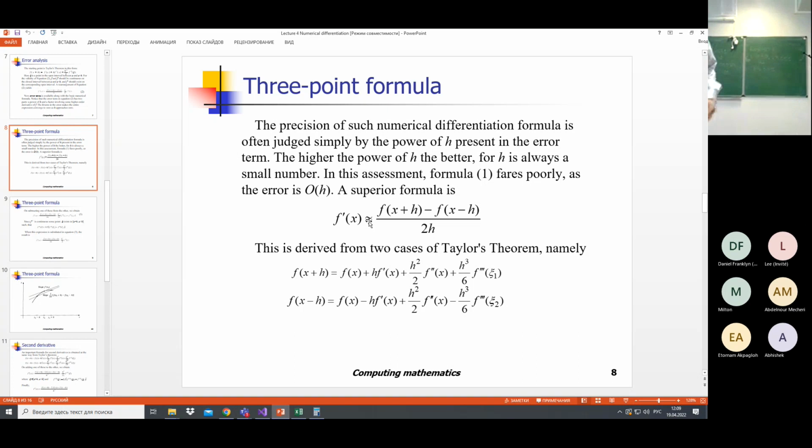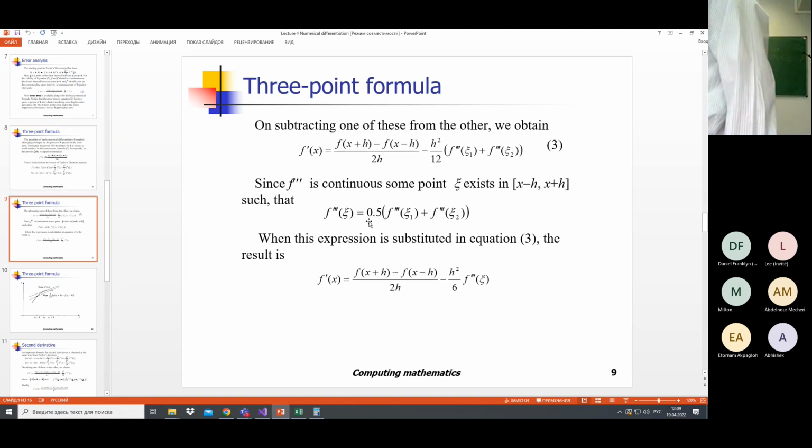Well, and now to finish our lesson, I skip these formulas. I only want to show you the final result. The last formula on this slide gives us the error term.